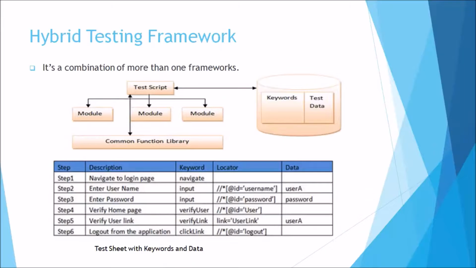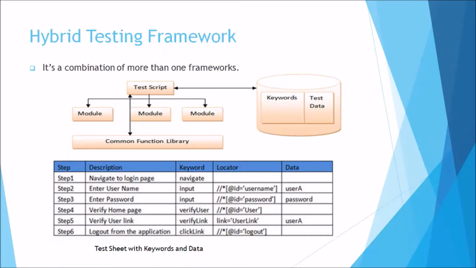So here in the table you can see we have a column for keyword which has navigate, input, and verify user, verify link, click link, and in the data we have passed the values. Okay, the test data. So in the step 2 you can see enter username and the keyword is input, but the data we have used here is test data is user A. Okay, so this is the way hybrid framework works. We have both keyword and test data.